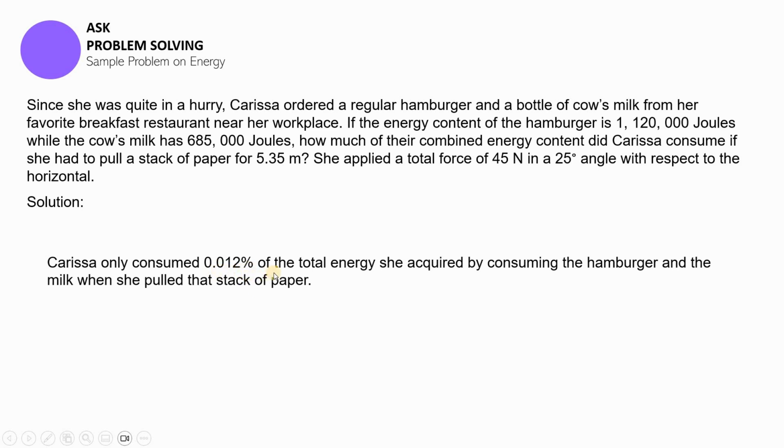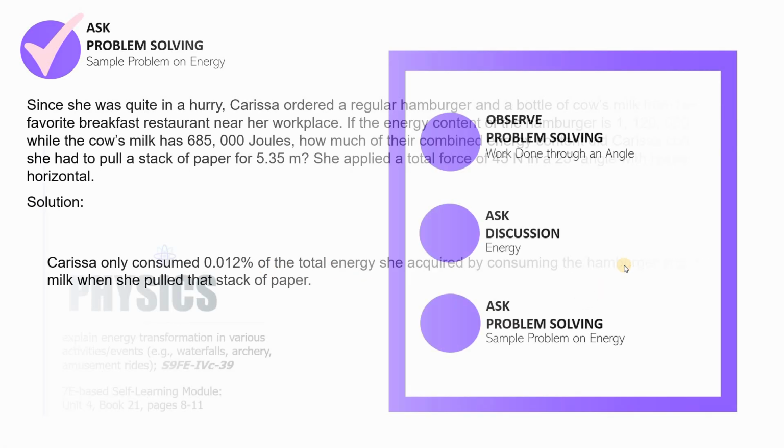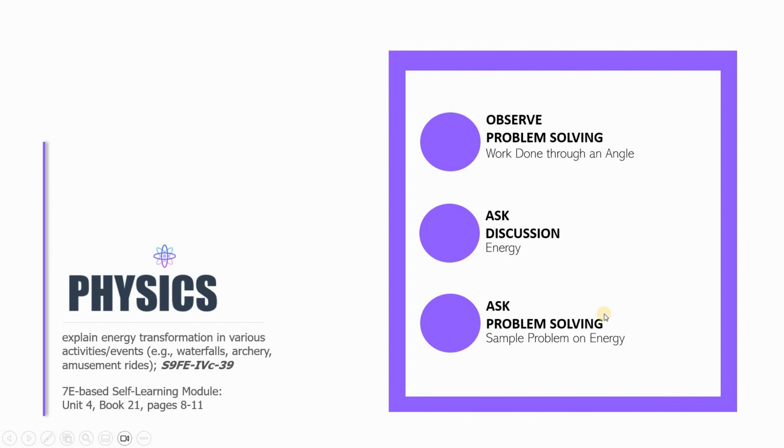Okay? Alright. Now, that ends the 26th session of Physics 9. In this session, what we finished are the following. You had an independent problem solving on work done through an angle. You also had a discussion with me about energy and another sample problem about energy.